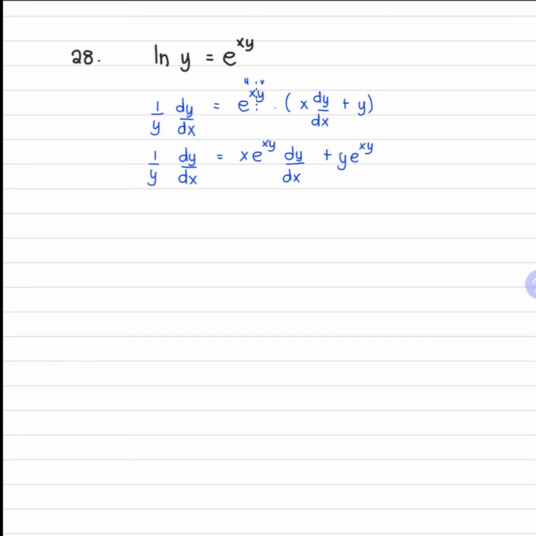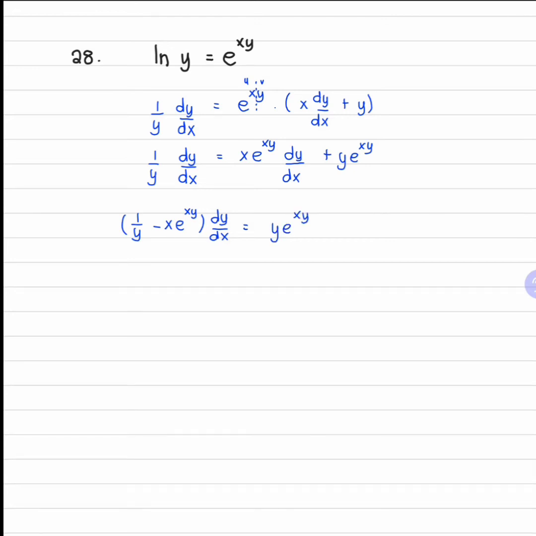Okay, I move the terms with dy/dx to the left side. So we get 1 over y minus x e power of xy times dy/dx equals y e power of xy. Okay, I simplify the left side first.